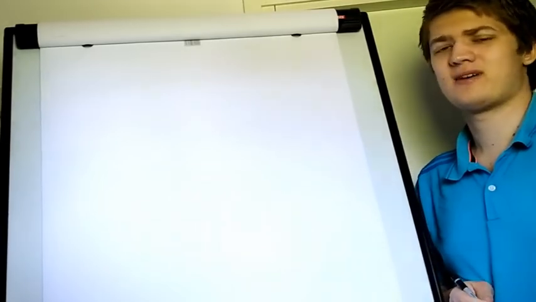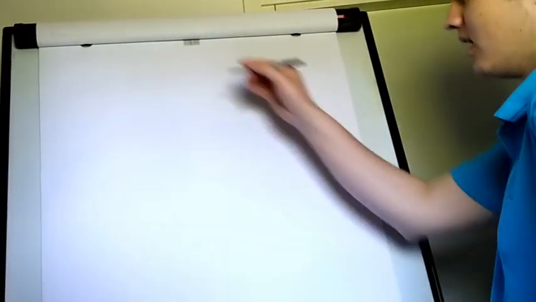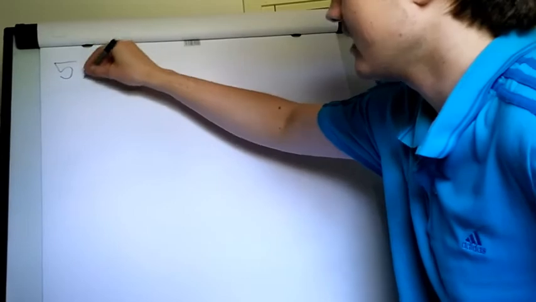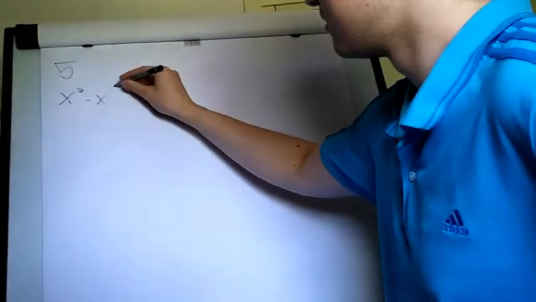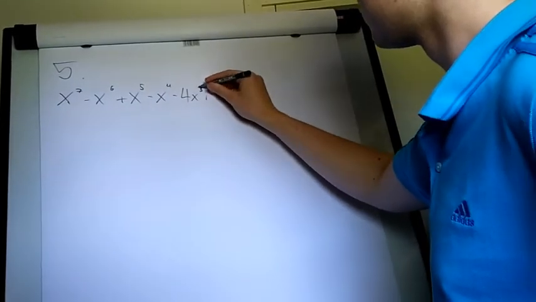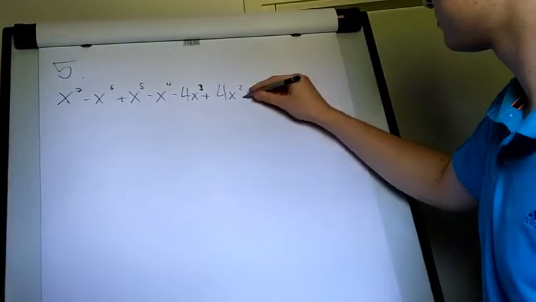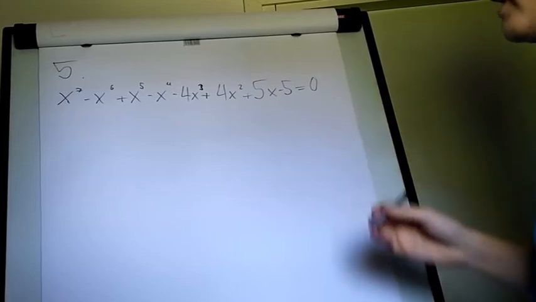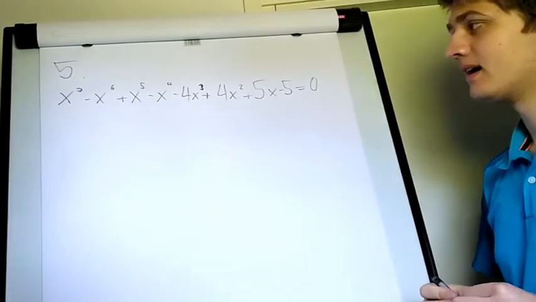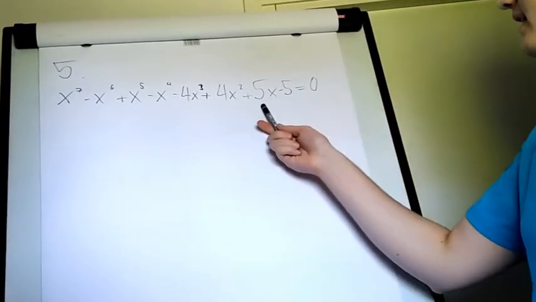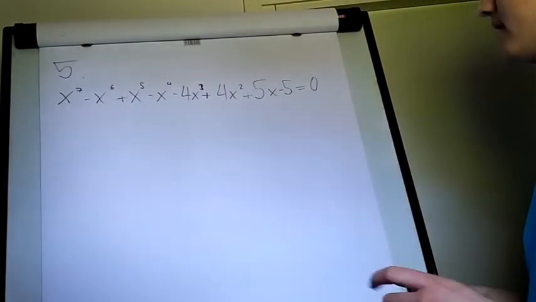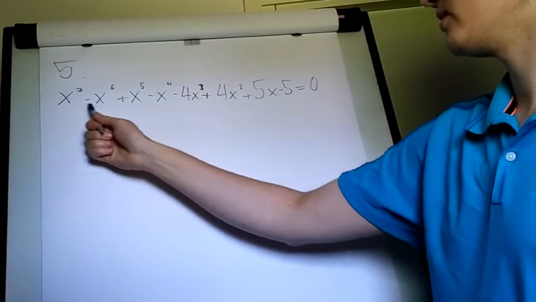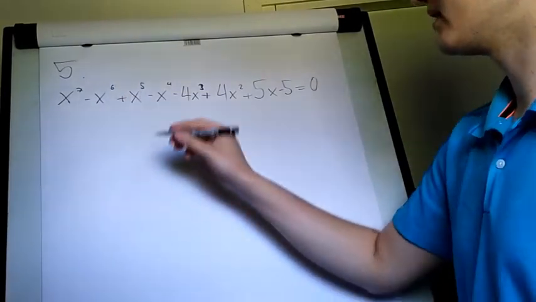And in problem number 5, we had a polynomial equation and we had to find all real solutions for it. We had this, and now when we first look at it, could we factor out some terms? We can discover that actually we can factor out x minus 1 here.